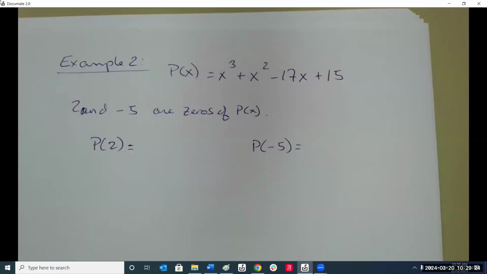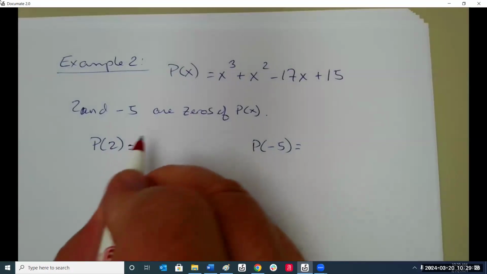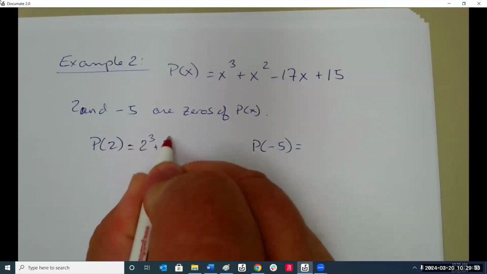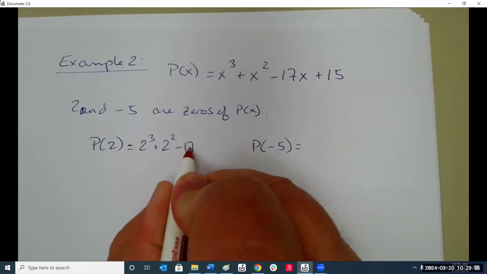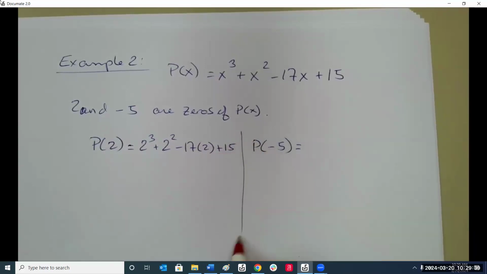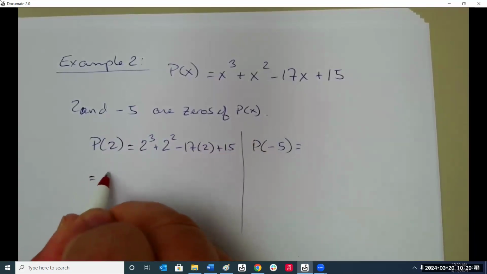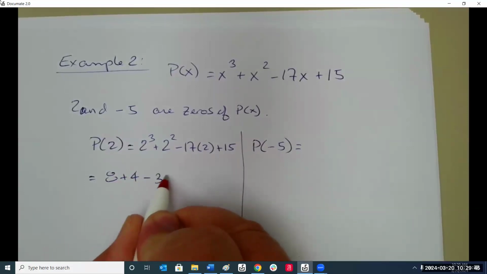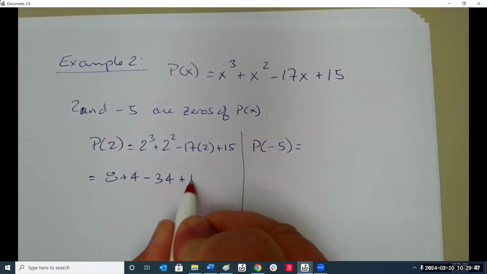If the answer is 0, then it's a 0. 2 cubed plus 2 squared minus 17 times 2 plus 15, so 8 plus 4 minus 34.